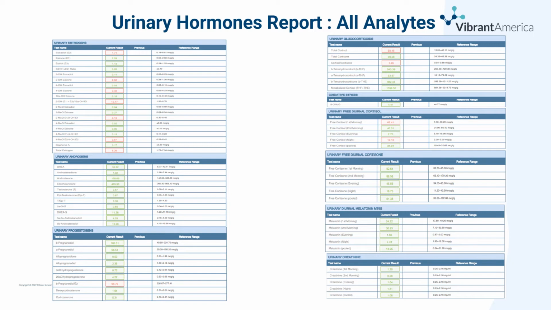For the metabolites, included are the 2, 4, and 16 hydroxy estrogen metabolites of estrone and estradiol, products of phase 1 detox, and the 2 and 4 methoxy metabolites of estrone and estradiol, products of methylation, a phase 2 detox reaction. Again, both the parent compounds and metabolites may bind receptors and produce an effect. The Vibrant panel has the most comprehensive number of estrogen metabolites on the market.